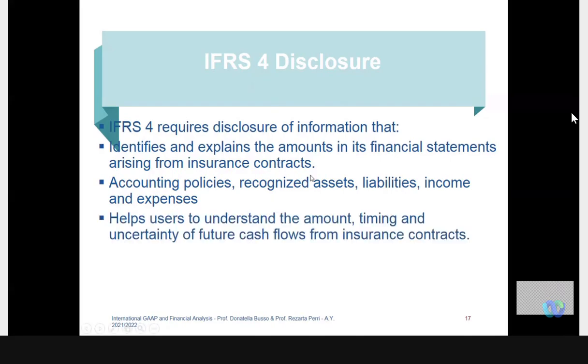Another thing is that this standard helps users to understand the amount, the timing, and the uncertainty of future cash flows from insurance contracts. Again, remember what we said yesterday. The final objective and purpose of the financial statements and IFRS is to help potential investors understand the situation of the company better before they make an actual investment.